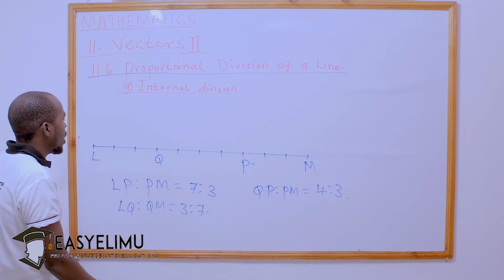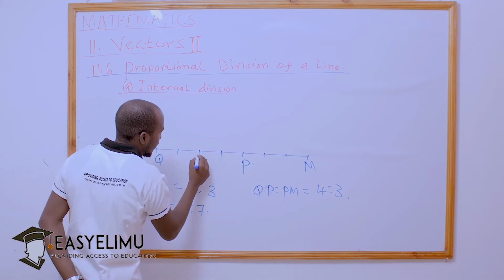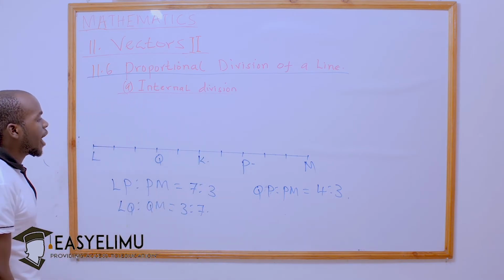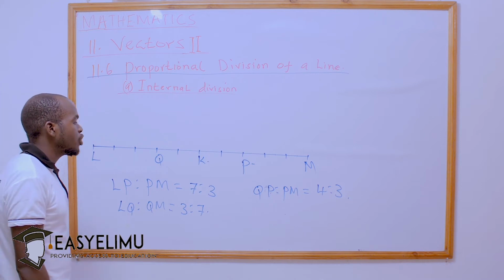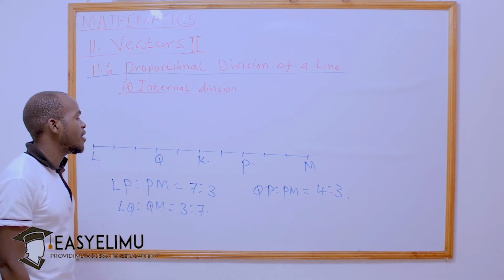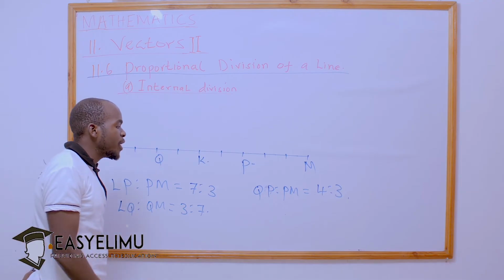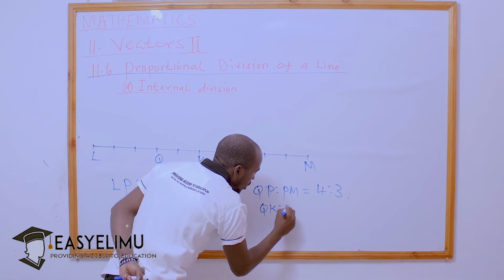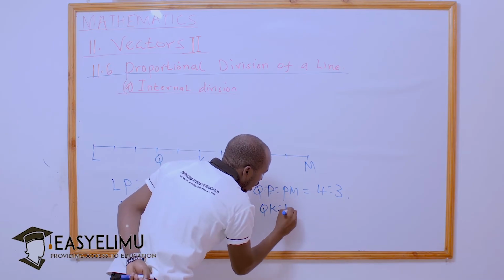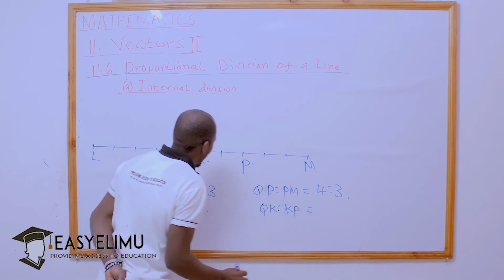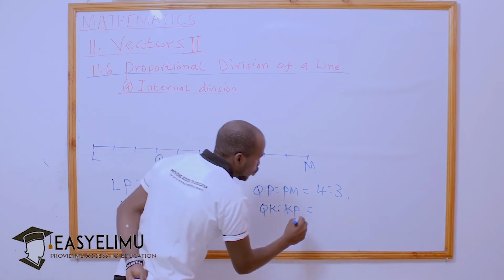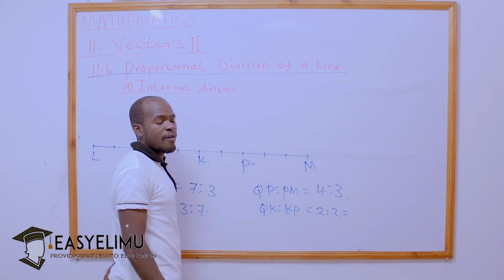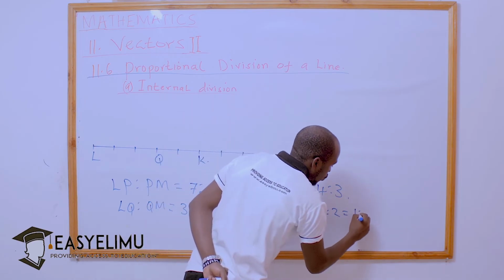Now if you introduce another point K at this point, and you are asked to find the division in which point K divides line QP, then QK to KP is equal to 2 to 2. That is 2 to 2, which can be simplified further to 1 to 1.